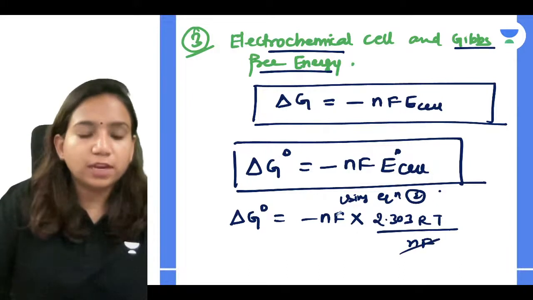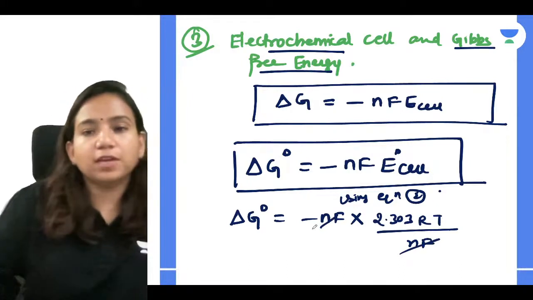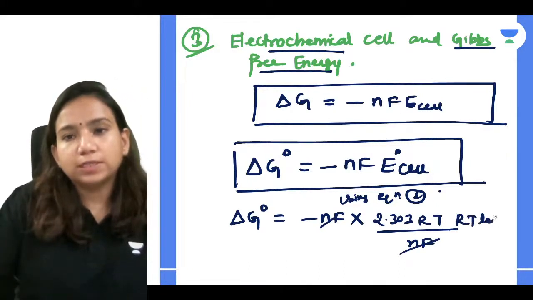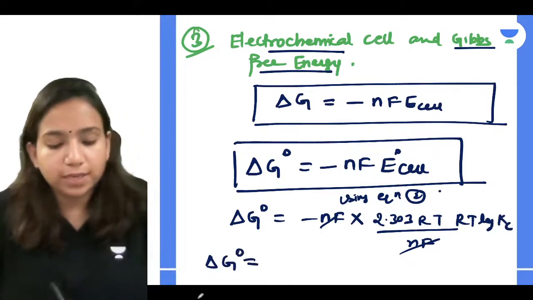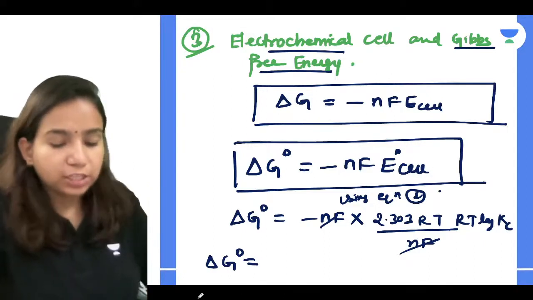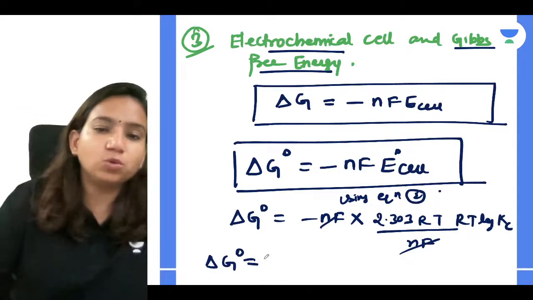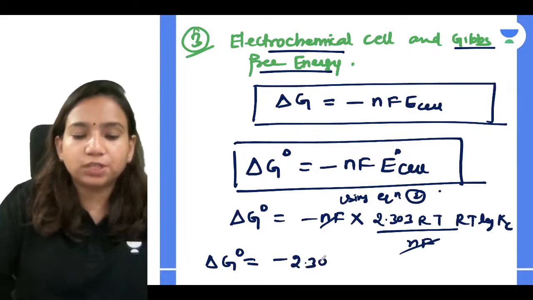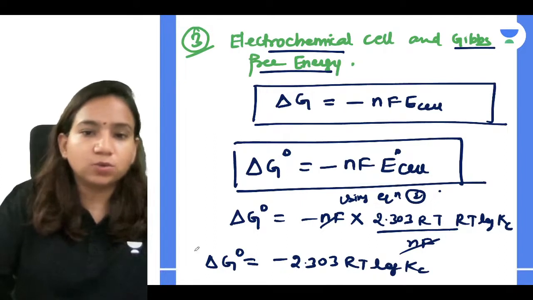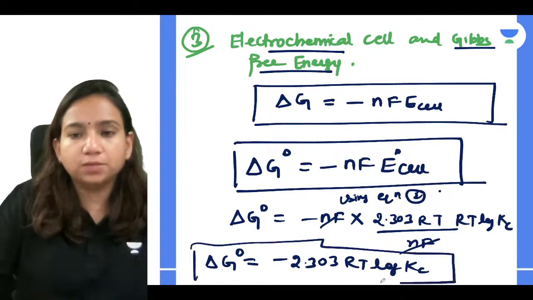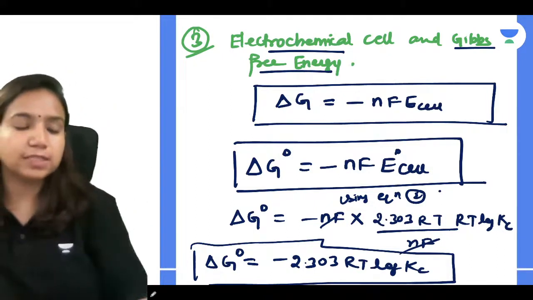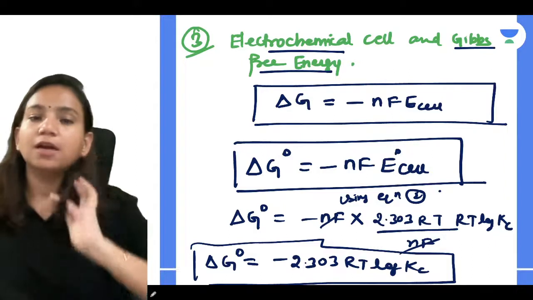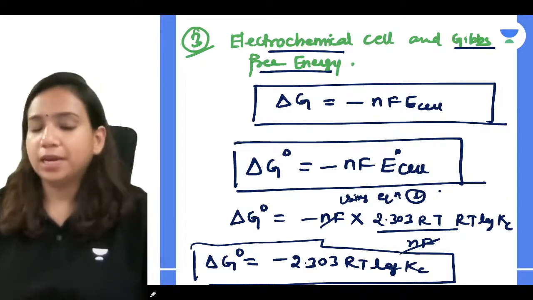NF and NF will get cancelled and you will have RT log Kc. So delta G naught is equal to minus 2.303 RT log Kc. This is the relationship between your Gibbs free energy and Kc, the equilibrium constant.